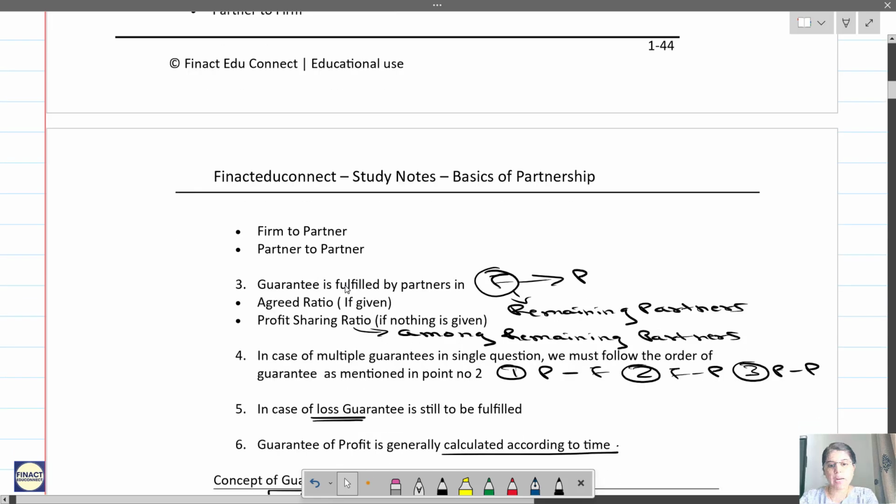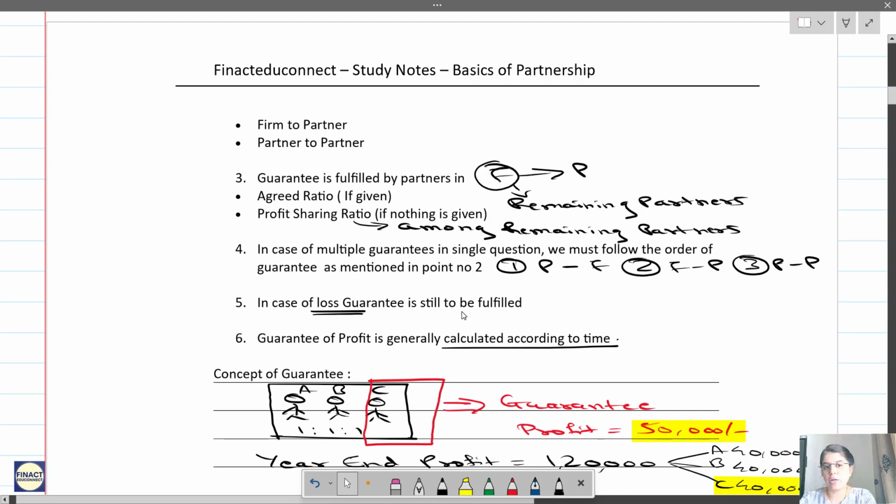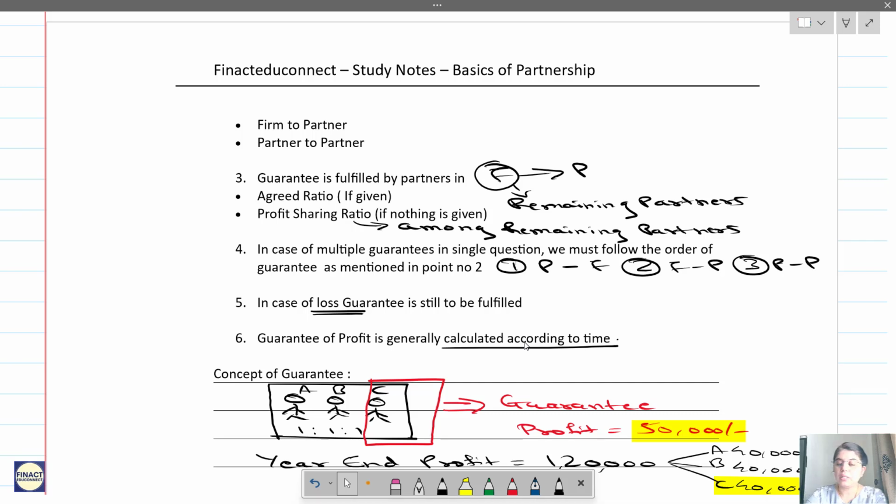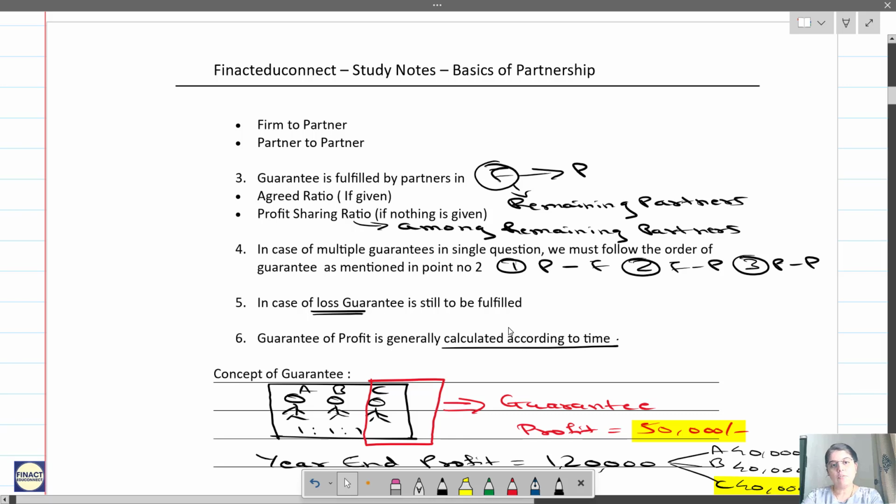Then there was one example of loss also we solved. Then guarantee of profit is generally calculated according to time. This was the last example which we solved, wherein the business was started in the middle of the year. If it is in the middle of the year, then the guarantee of the profit should also be calculated proportionately. And now we are solving a question for this fourth point.